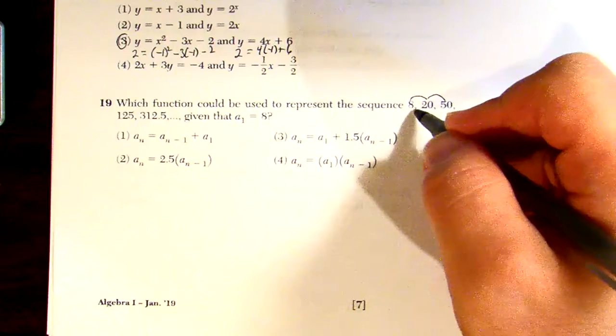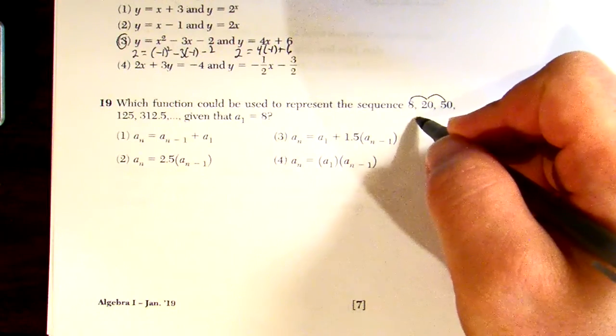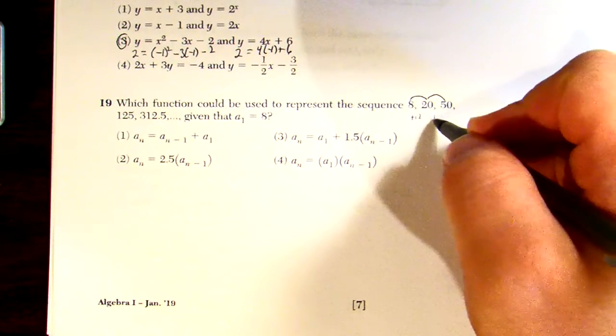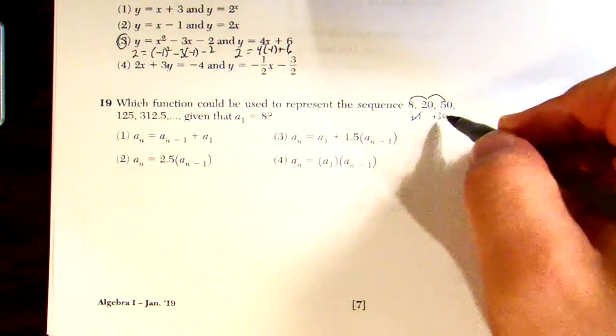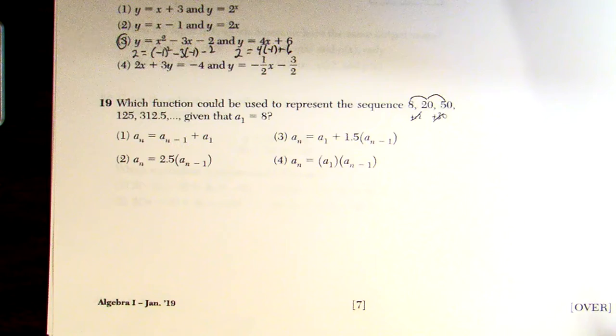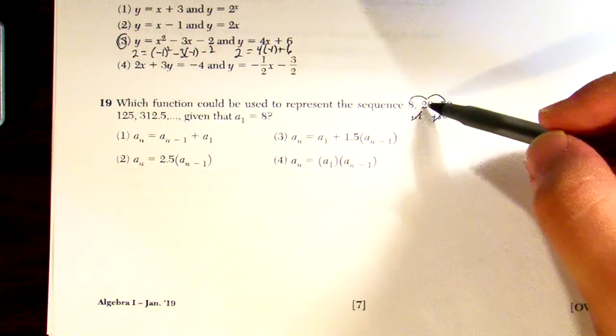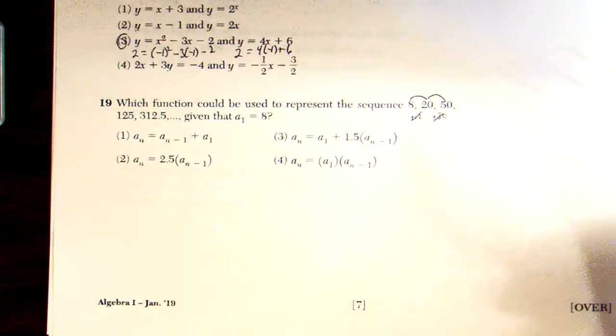So 8 to 20 would be a plus 12, but then it's a plus 30. So I know it's not at a constant rate, so it can't be that, so it must be a geometric sequence. So what number could I multiply by to get 20, and then use that same number to get 50?